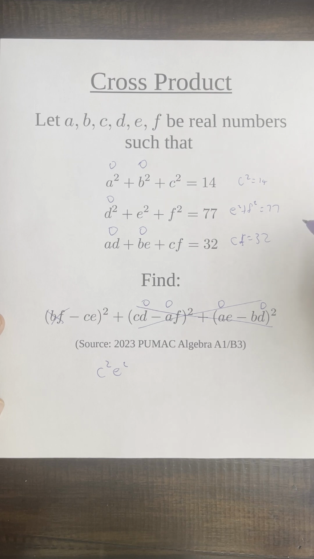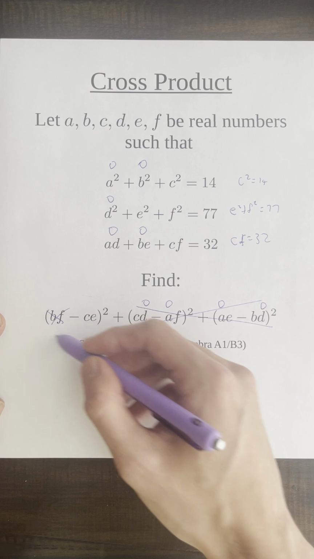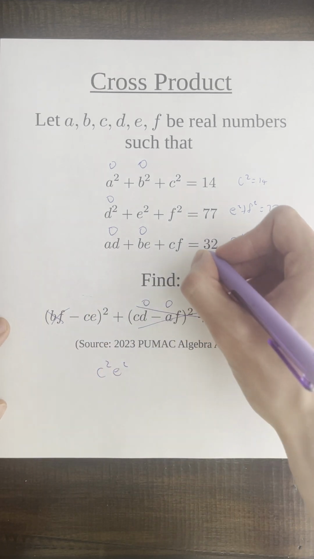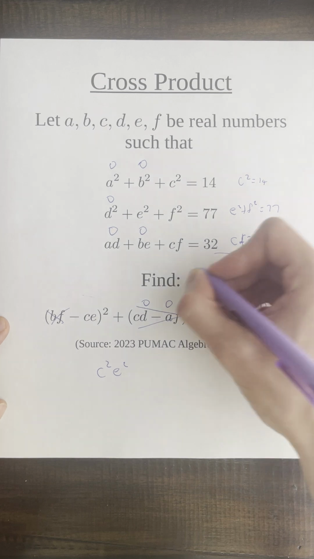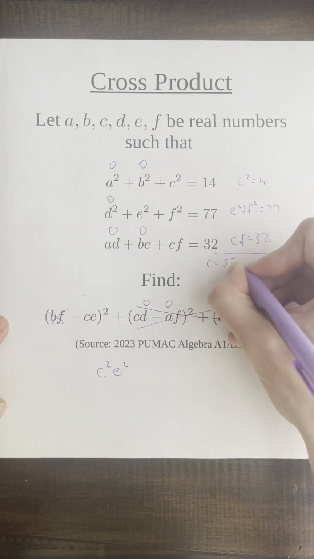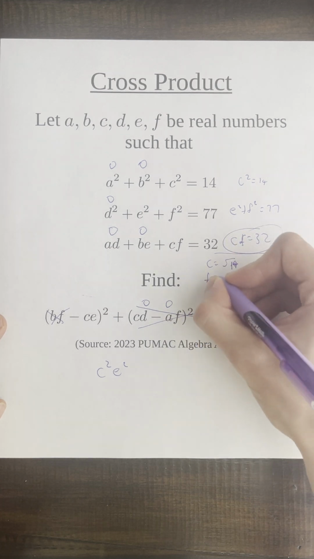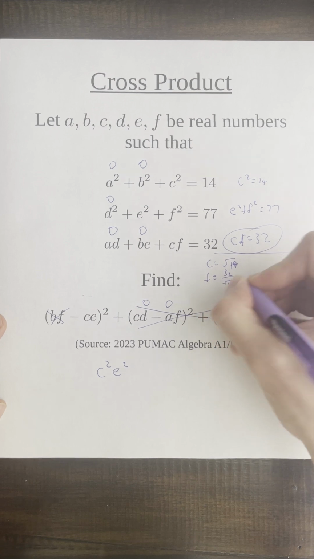But we only need to find one solution that works because the problem is implying that this expression is always going to be the same. So I'm going to say that C is equal to the square root of 14. Okay, so if C is equal to the square root of 14, then what can I say about F here? F is equal to 32 over root 14.